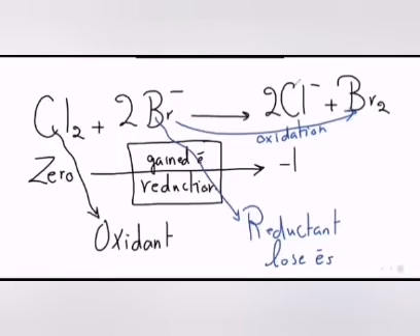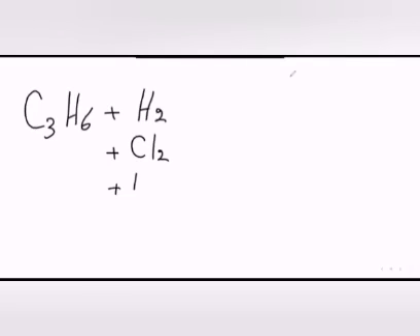Now, alkenes react by addition reactions with hydrogen, halogens, hydrogen halides, and steam. With hydrogen, using nickel as a catalyst and 150 degrees Celsius, we will obtain the corresponding alkane.